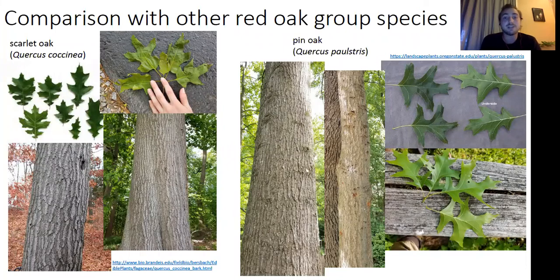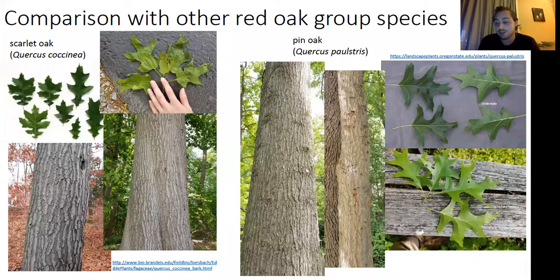Our scarlet oak, which I think is the tree that looks most like our red oak, has similar-looking leaves with 7 to 11 lobes. They're often glaucous beneath, so that pale bluish coating.